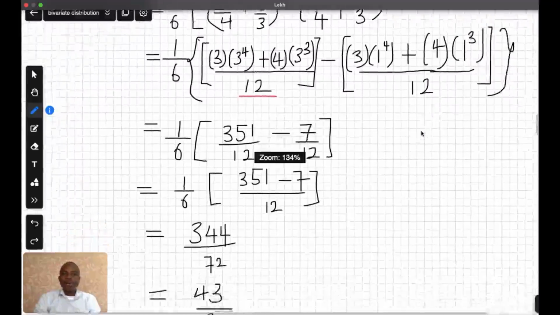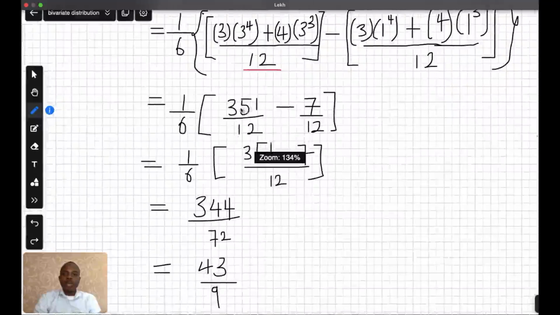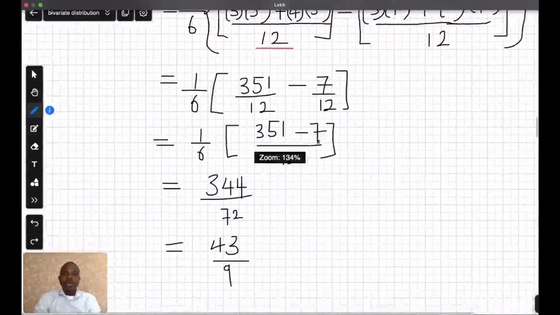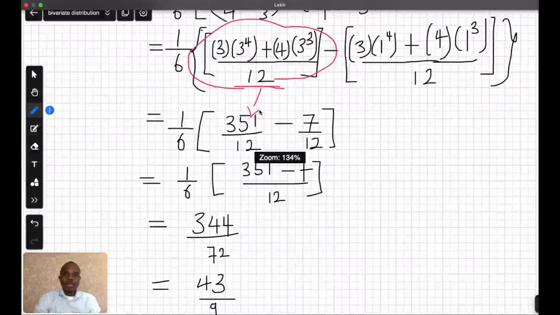And then when you have done that, it becomes 1 divided by 6 multiplied by 351 divided by 12 minus 7 over 12. All right, so having got that, everything here in bracket is what became this. Everything here is what became this.